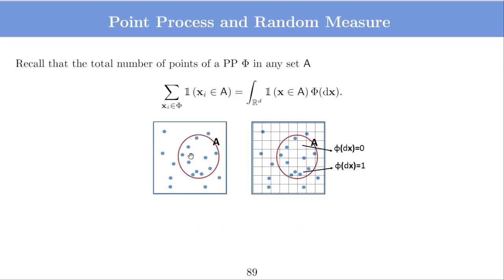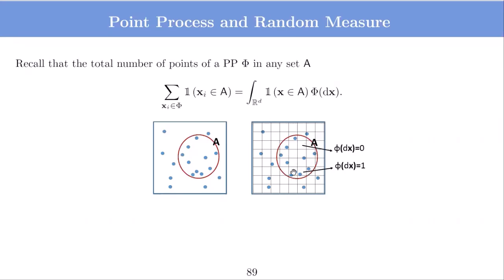Instead of that, what I can also do is divide this complete space into small subsets. For each subset, I find out how many points are there, and I only add these over the subset A. Okay, so for all the sub-intervals in A, I will add their number of points.